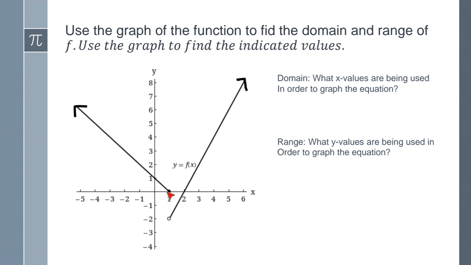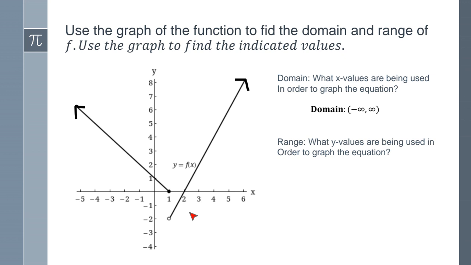But if we continue going on, this line picks up where we left off, and again we have an arrow to the right. So the domain for this graph is from -infinity to +infinity, even though there was a break. Okay, I have x values for all.